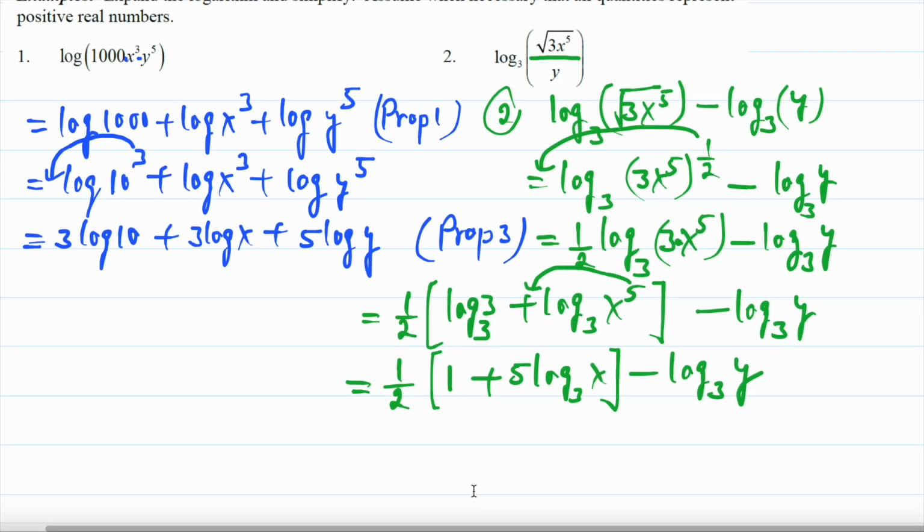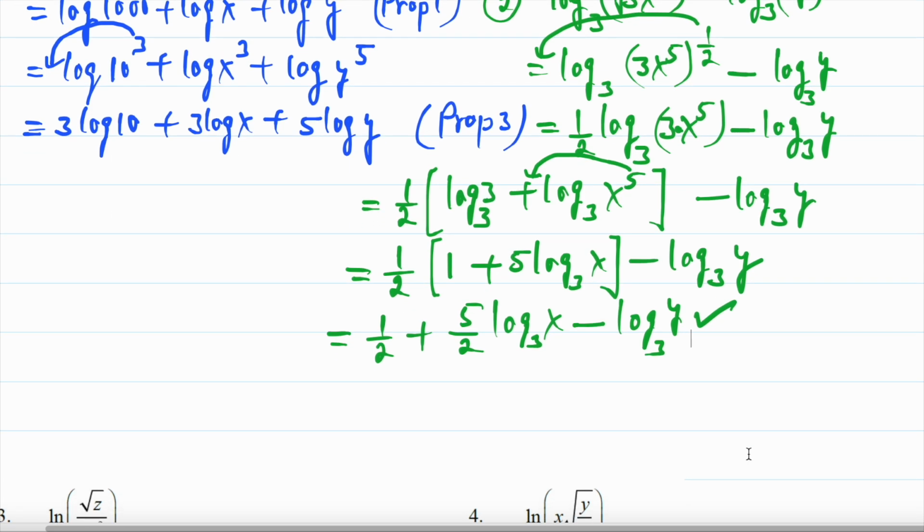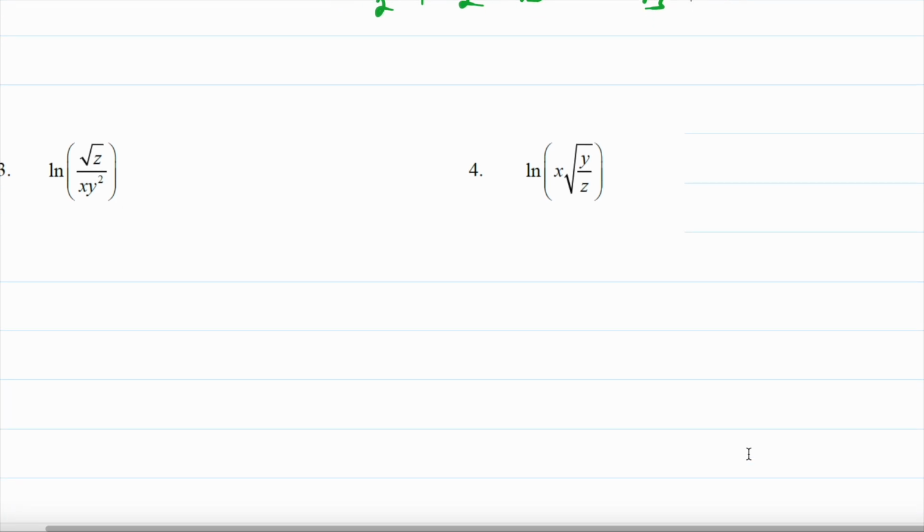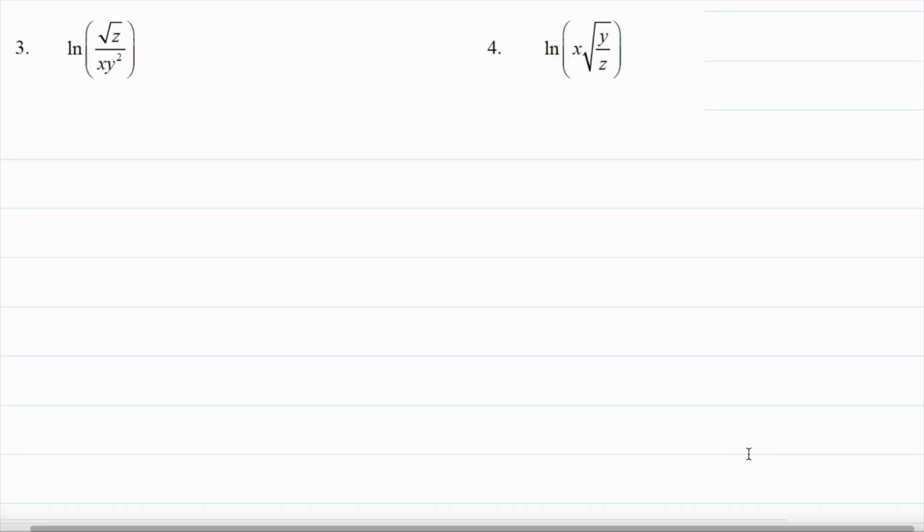Next, you can distribute 1 over 2 to these two terms, so it's going to be 1 over 2 plus 5 over 2 log base 3 of x minus log base 3 of y, and that is the answer to the second problem. We have to keep using these properties until you get to a point where you cannot use them anymore. And remember one thing, in this question we are expanding the terms.